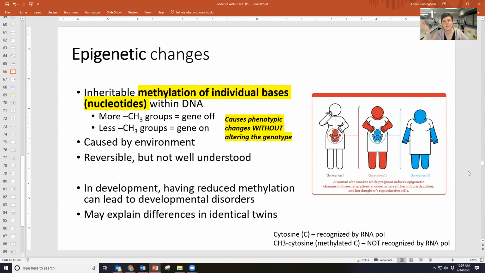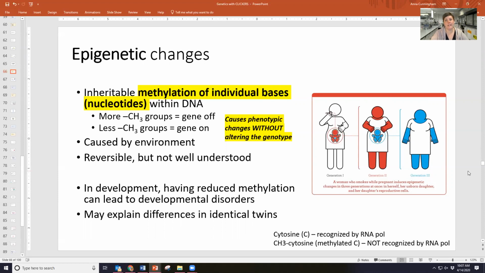So what causes this? And I want to mention also that this is not only contributing to disorders. We're talking about it in the context of genetic disorders or epigenetic disorders, but there's actually a lot of really important regulatory things that happen via epigenetics.